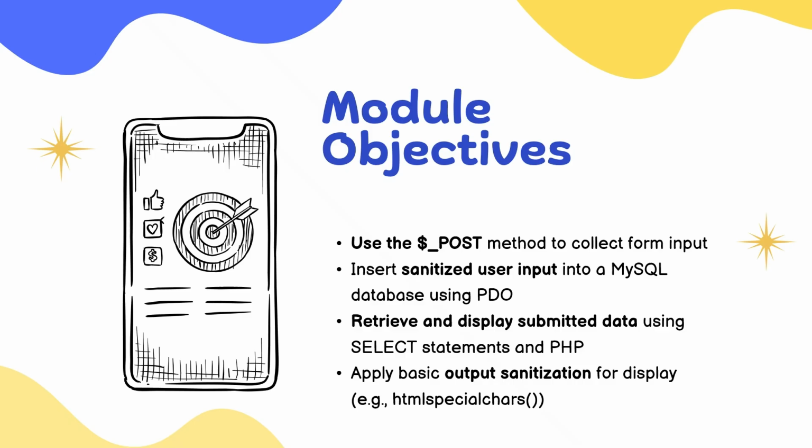Now today's module builds directly on what we completed in Module 6. So if you understood the form, the database table, and the connection file from the previous module, you're in a strong position for this one.